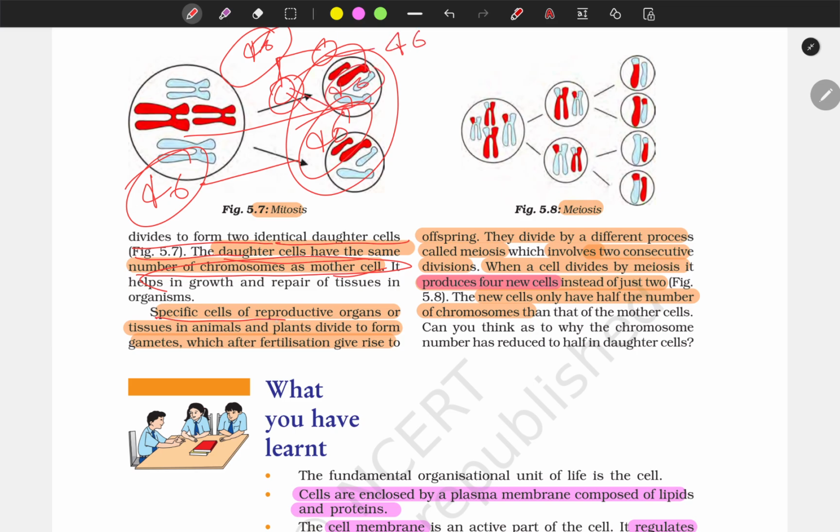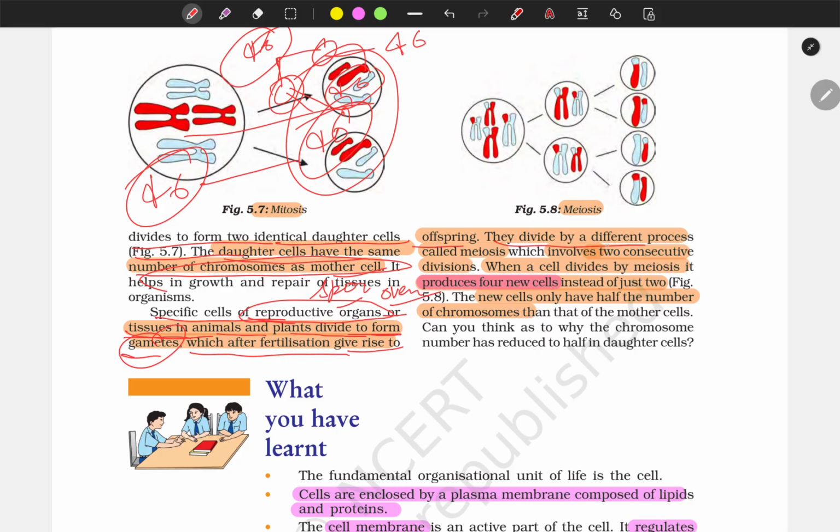A specific cell of reproductive organs or tissue, like sperm or egg, ovum in women, in animals or plants, divides to form gametes, which after fertilization give rise to offspring.